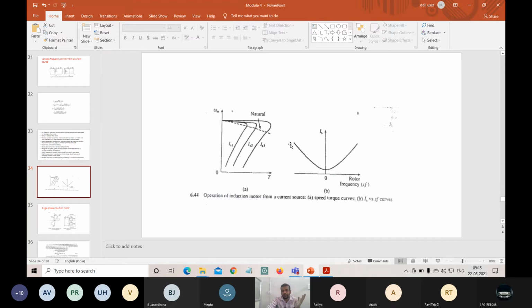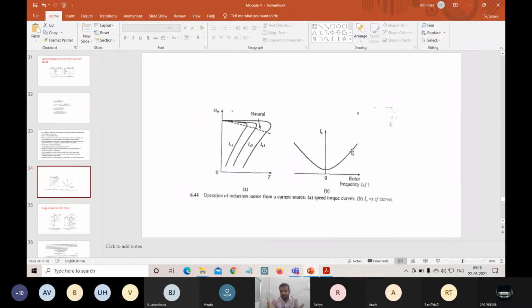So for the maximum negative rotor frequency, the current should be maximum, and it gradually decreases with a decrease in frequency, and gradually increases with an increase in frequency. So normally in our operation, when you are going to operate at a constant flux, there are different conditions: the variable flux conditions and constant flux conditions.